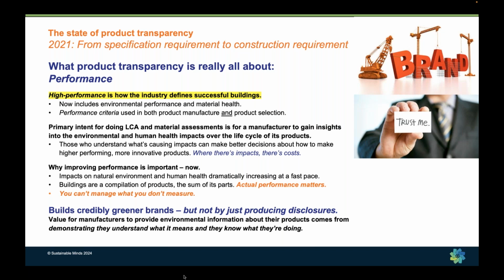But people want to do business with brands they trust. So manufacturers who can explain what they're doing to improve the environmental performance of their products resonates with people. And think about it yourself: how are they actually making higher performing products? That would be good to know, so we could understand what these LCA results actually mean in this published EPD.